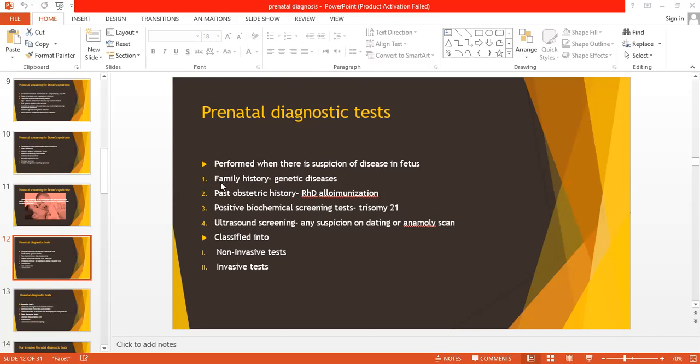You need prenatal diagnostic tests if there is a past obstetric history. Suppose there is a mother who has a history of a baby who had suffered from erythroblastosis fetalis, and she wants to prevent this from happening in her current pregnancy, right?